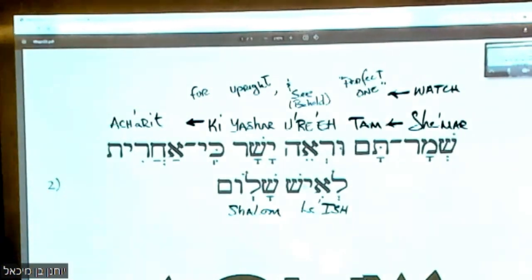Okay, so the word achrit may sound plural, but it is not. Not typically. The word achrit means the future or a posterity. So you have a person, and their posterity is what? Those who are down the line from them, right? Their descendants. Okay.